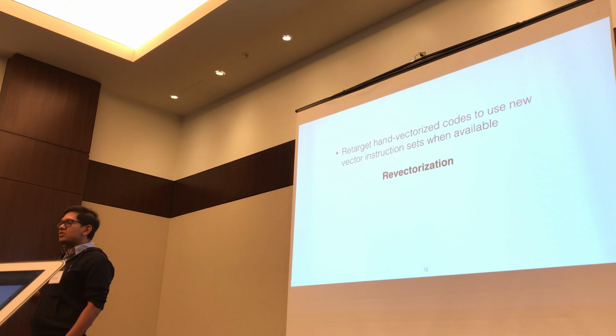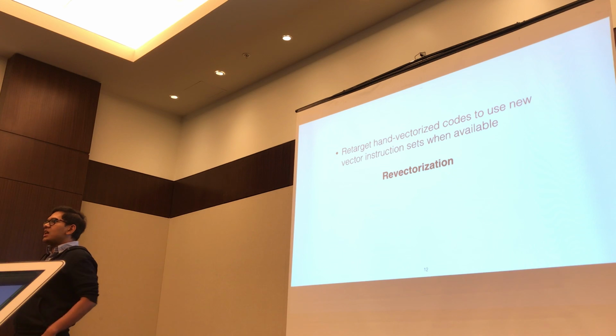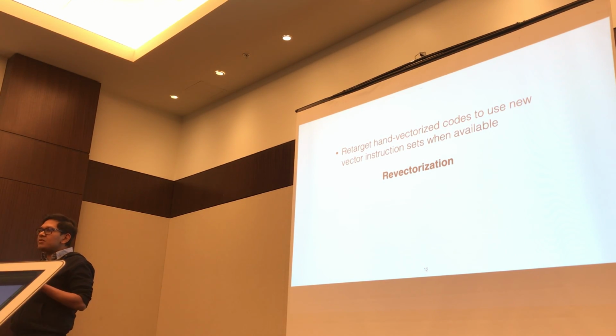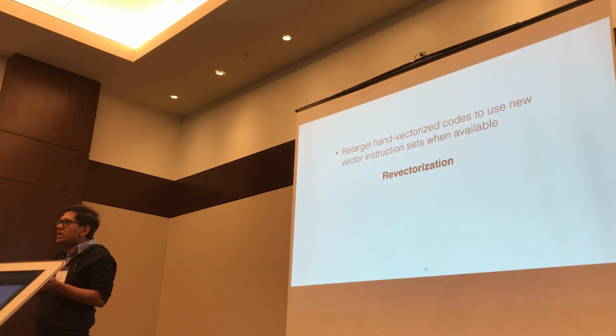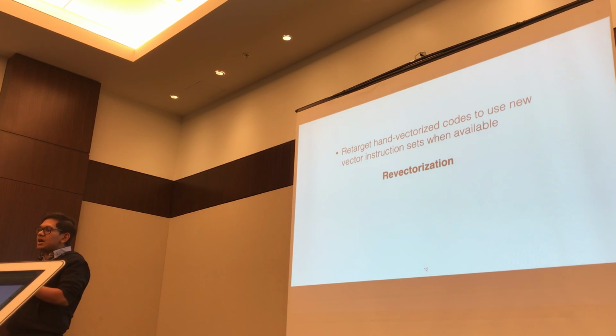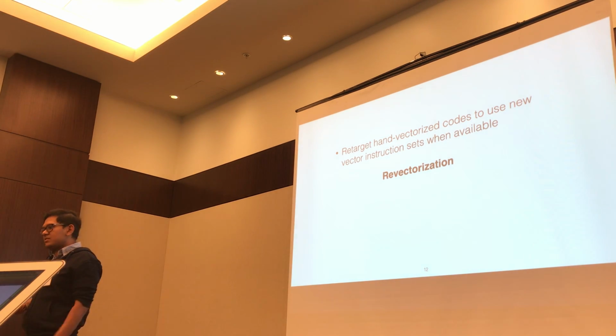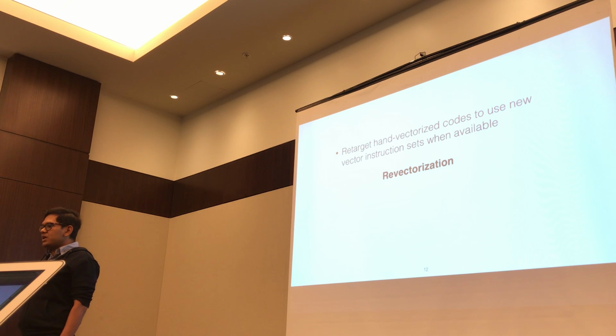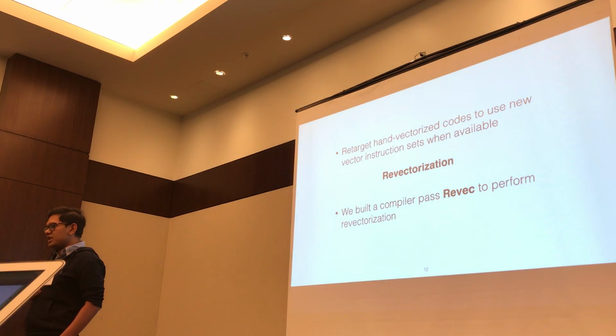So we introduce a new concept where we analyze these hand vectorized codes, and whenever possible, we try to retarget them to use newer vector instruction sets which have higher data width. And we call this revectorization. To realize this, we developed a compiler pass in LLVM known as Revec.